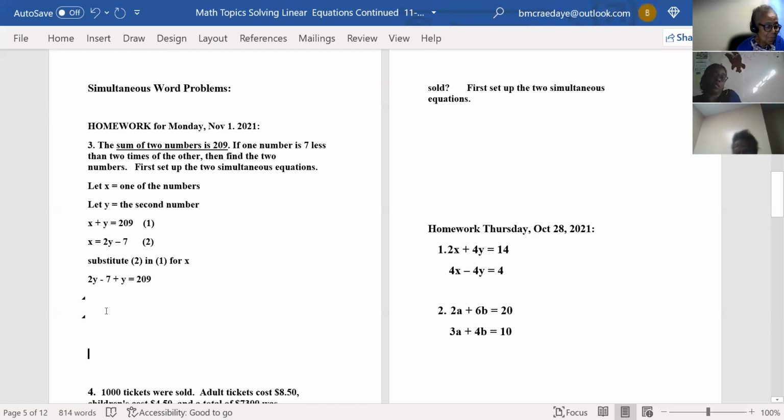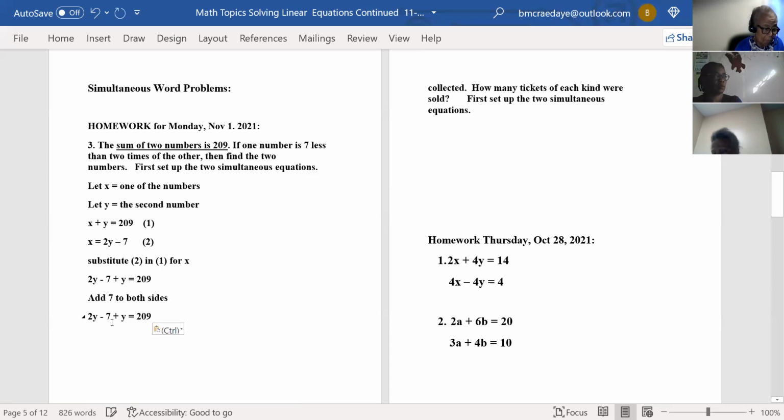Well, you could add 7 to both sides. Okay, we could do that first. Add 7 to both sides. And if we do that, let's take this, add 7 on the left.